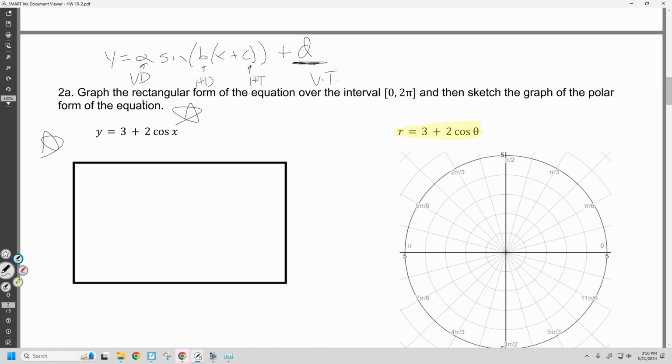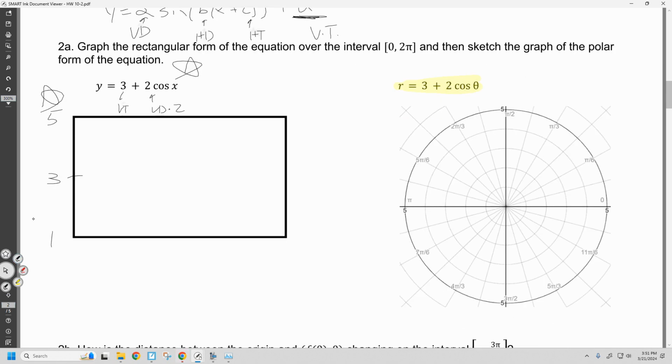This 3, vertical translation. This 2, vertical dilation by a factor of 2. This 3 is the new midline. It shifts the graph center of 0 up to 3. This 2 adjusts the maximum and the minimum. It stretches things out. So I go to 5 and 1. This graph has a period of 2 pi.